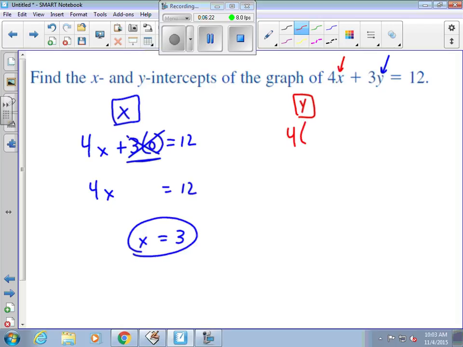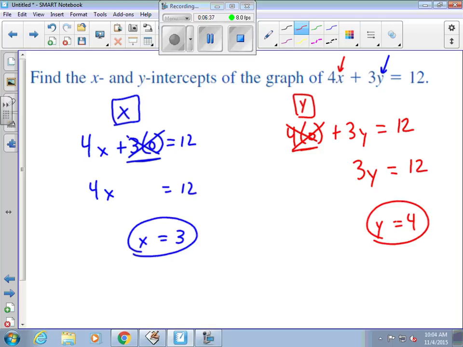So 4 times 0 plus 3 times y is equal to 12. Anything times 0 eliminates that part because it becomes nothing. 3y is equal to 12. When you divide by 3 on both sides, the y-intercept is equal to 4.